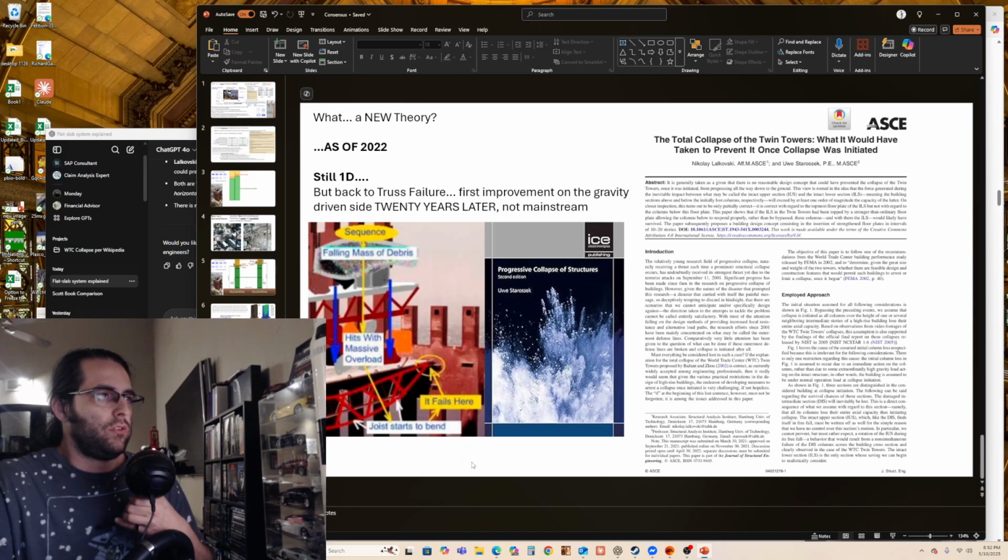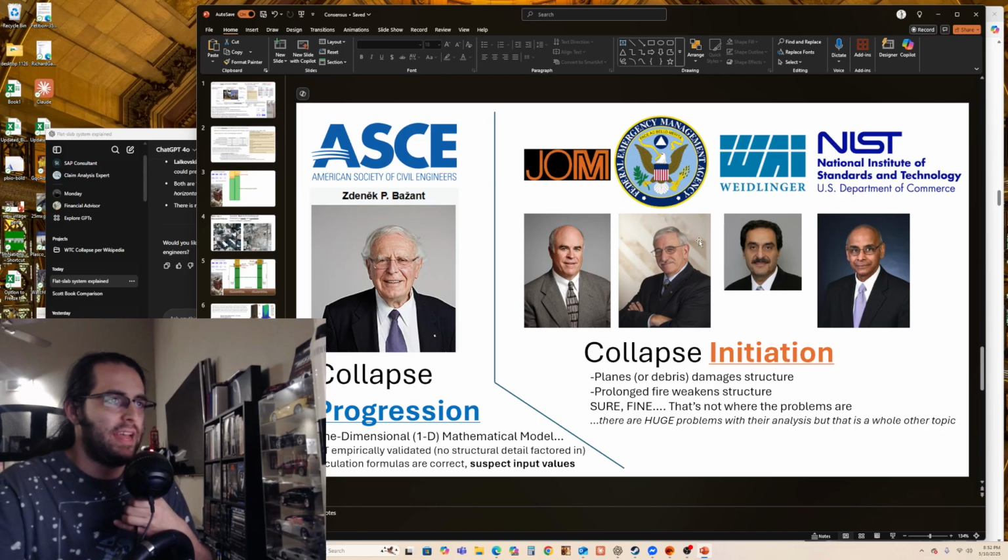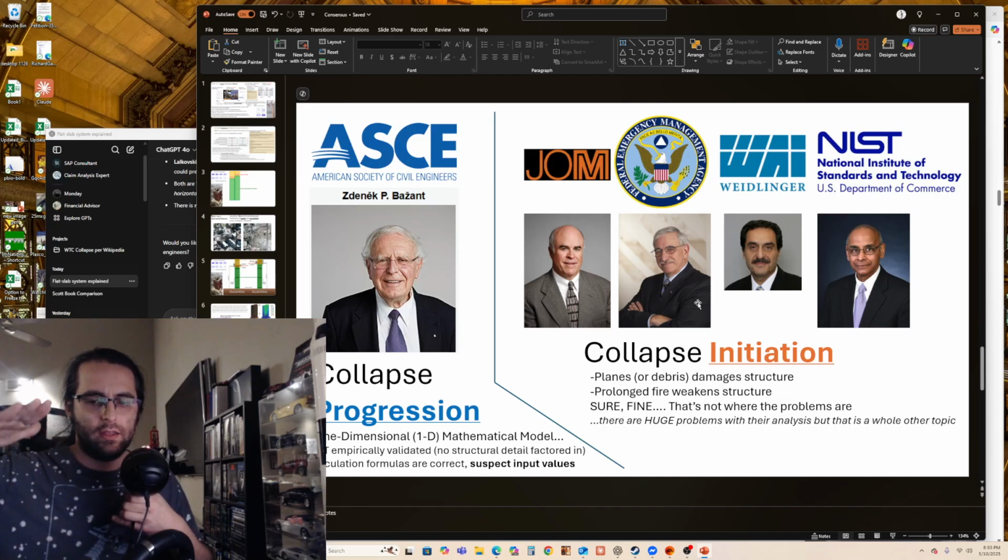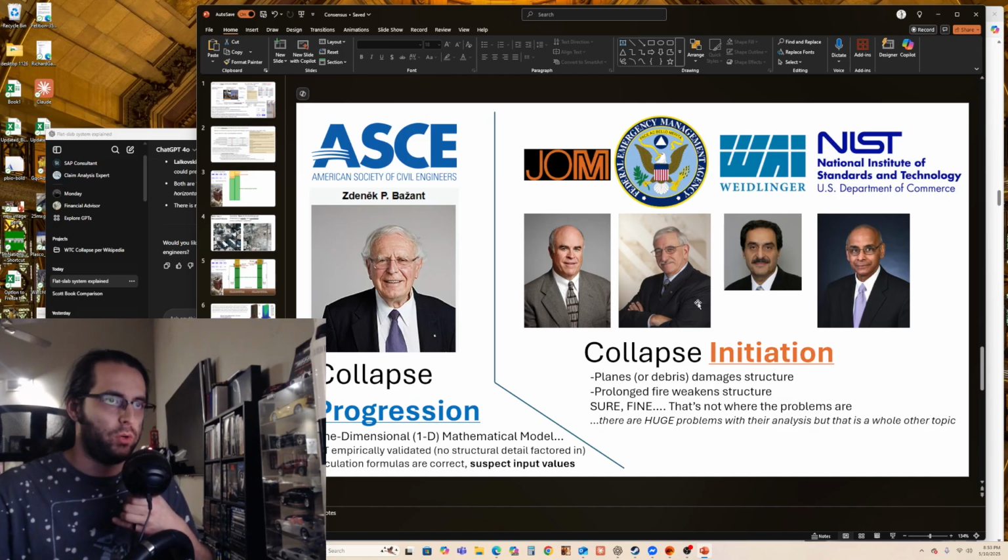Basically, trusses are the horizontal parts and columns are the vertical parts. Now, what's funny is that both the JOM and Federal Emergency Management Agency were speculating on a truss failure mode.